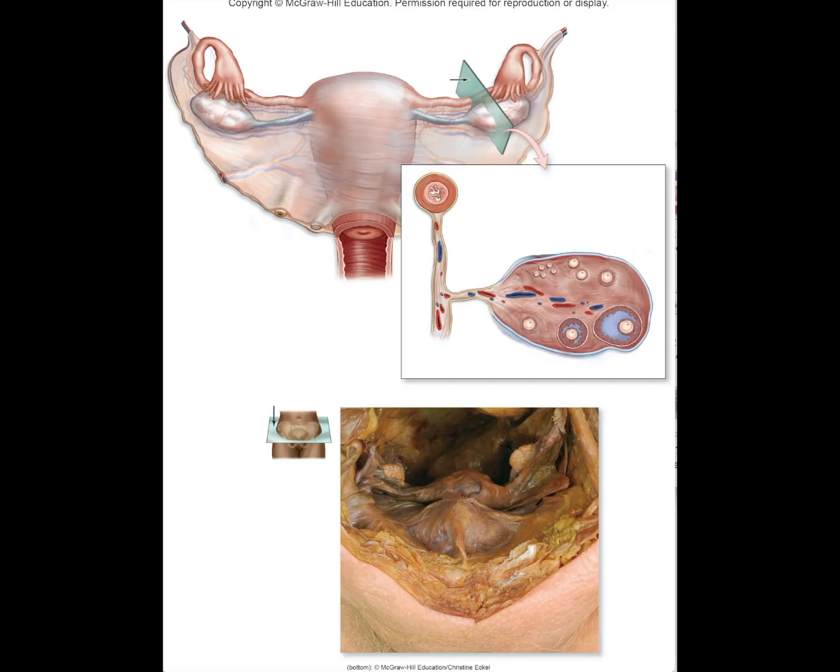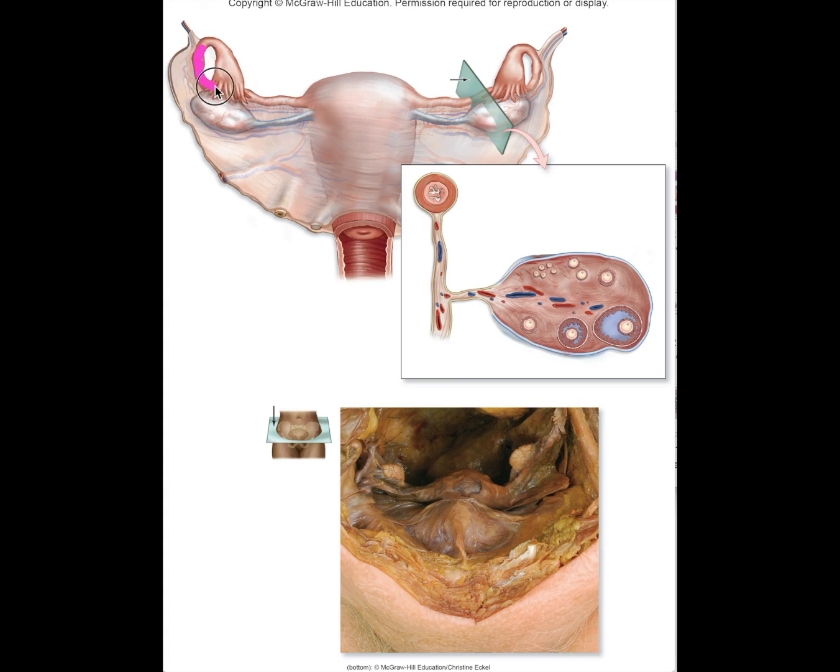So here are the internal structures. We've got two ovaries that store the immature eggs where they mature and then are released in ovulation. And we have the uterine or the fallopian tubes or the oviducts.